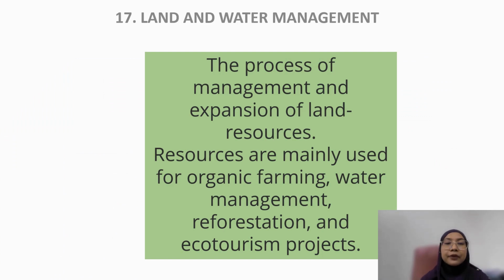And for the land and water management branch, it is the process of managing and expanding land resources, which are mainly used for organic farming, water management, reforestation, and ecotourism projects. So land and water management deals with making sure that land and water are well maintained.